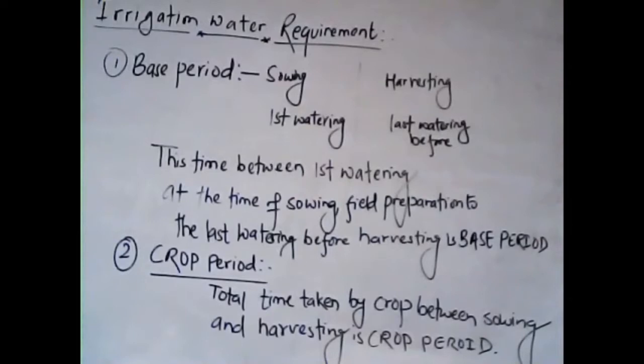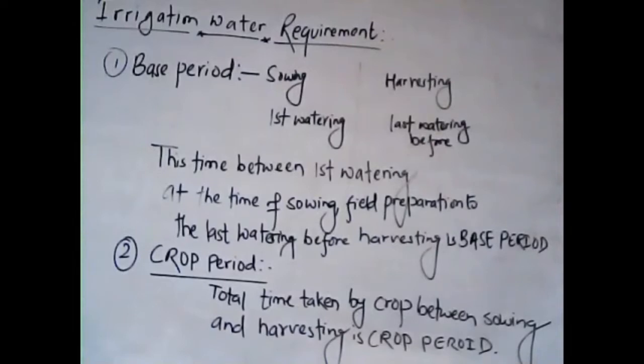It will be matured with the passage of time. This is what we all do while cultivating crops. The first watering you do is in order to make the plant grow, and before harvesting you also do the last watering.